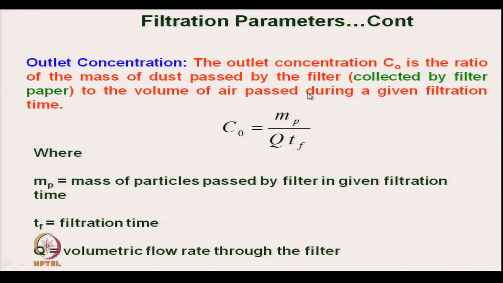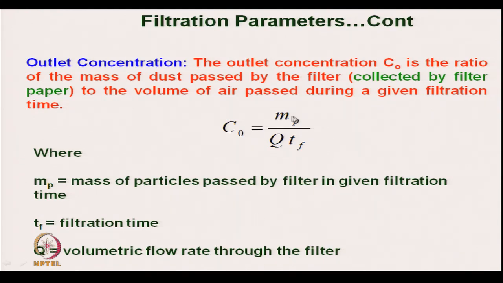So, MP is the mass of particles passed by the filter and collected by the filter paper, TF is the filtration time, and Q is the volumetric flow rate through the filter.